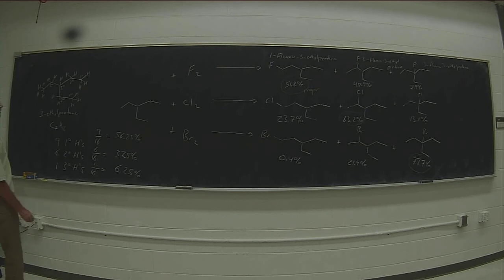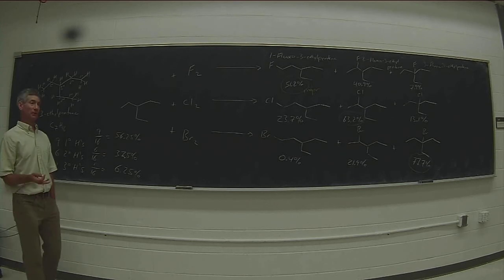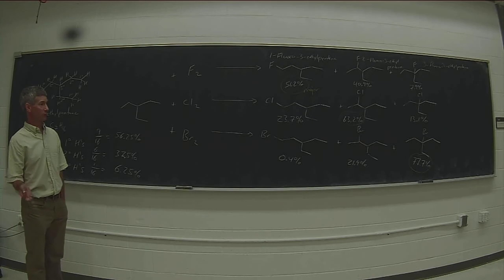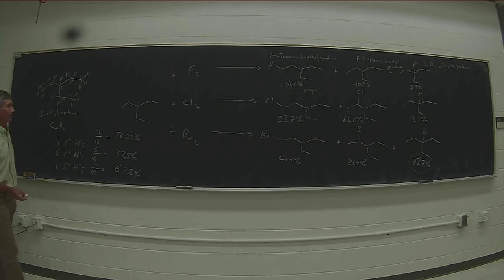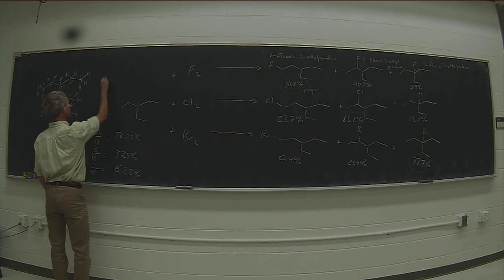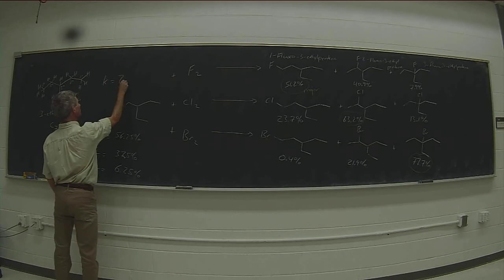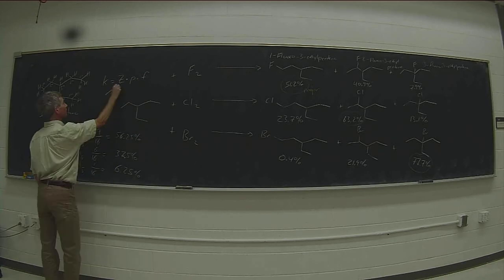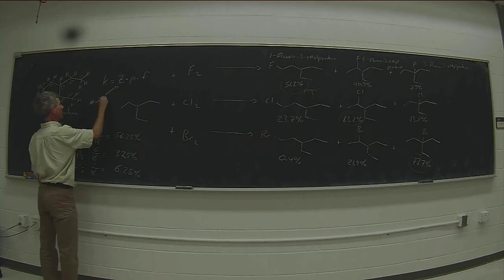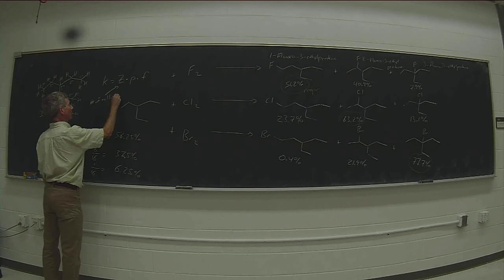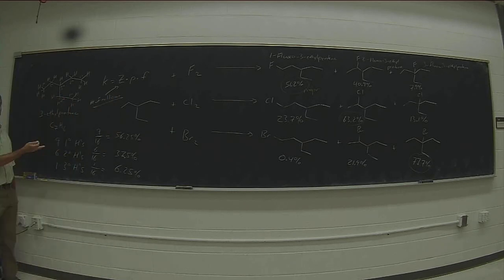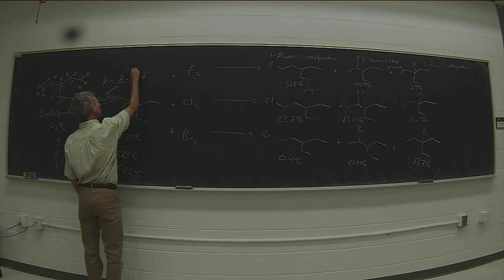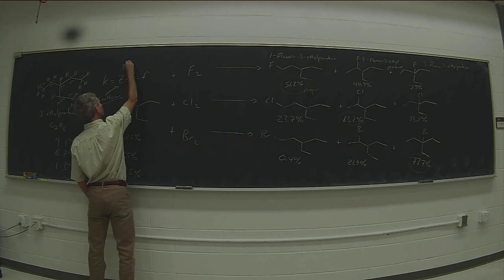We know from collision theory that the rate of a reaction, the rate constant, depends on 3 factors. And we know that k, the rate constant, is equal to Z times P times F, where Z is the number of collisions, which depends on the number of each type of hydrogen. P is the proportion that have the proper orientation.